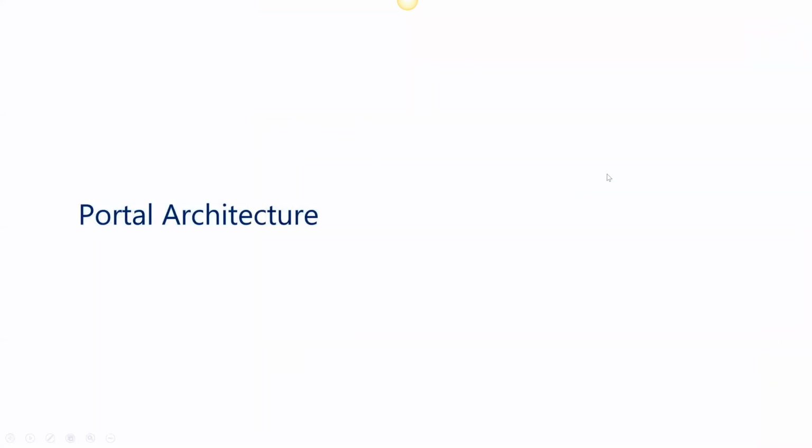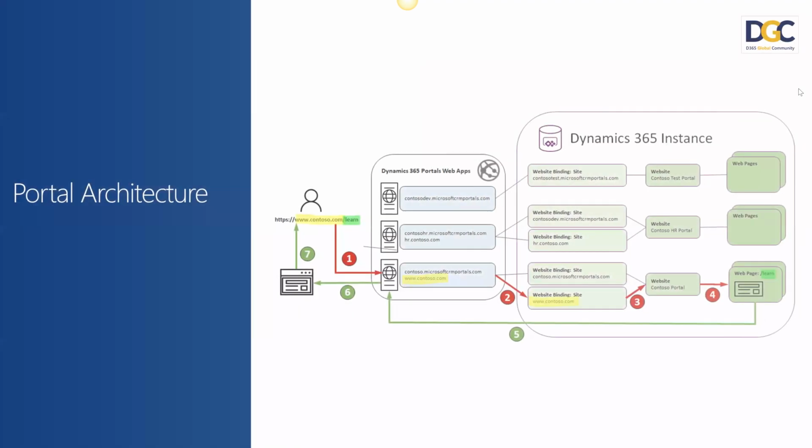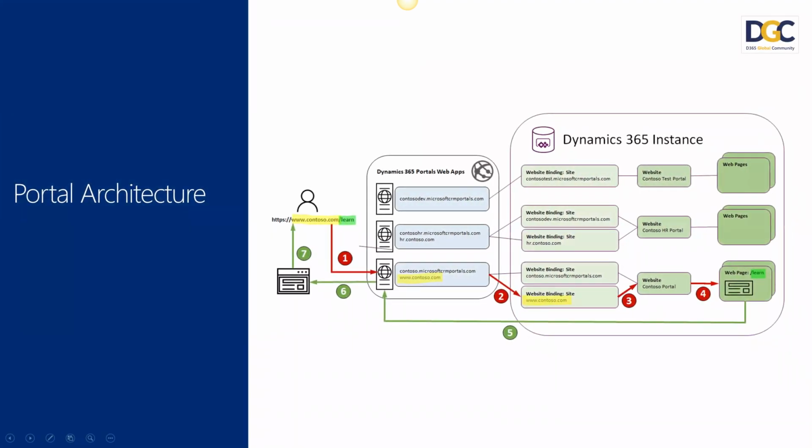Before we go into the CRM piece of the portal, or how the CRM data is surfaced through the portal, let's talk a little bit about the portal architecture. The best way to explain is to give you an example.